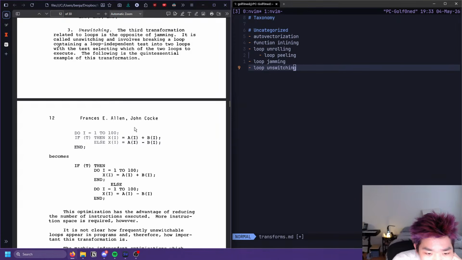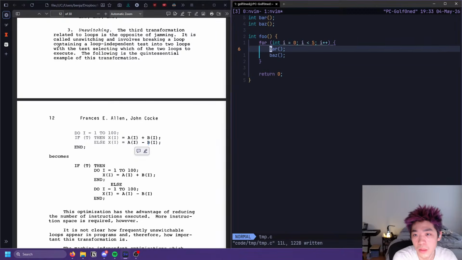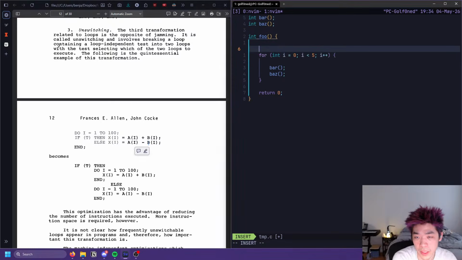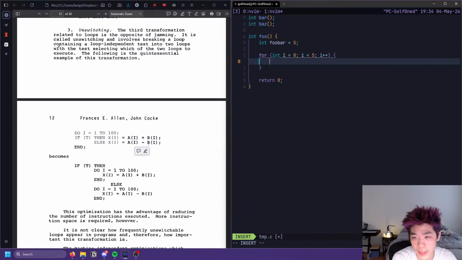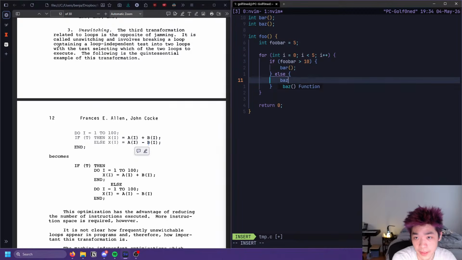Oh, I see. Okay, this makes sense. So if we go here again in this example, and this has to be independent of the loop. So like int foo bar equals 5 or something. And then inside here we want if foo bar is greater than 10, then we do bar, else we do baz.